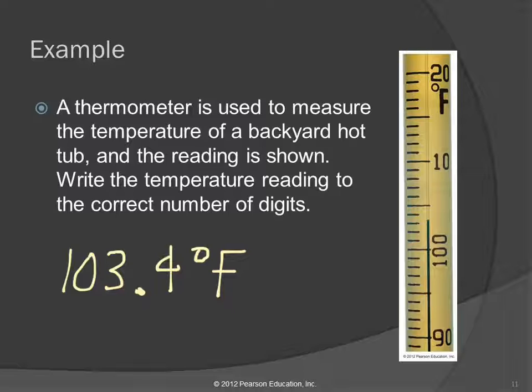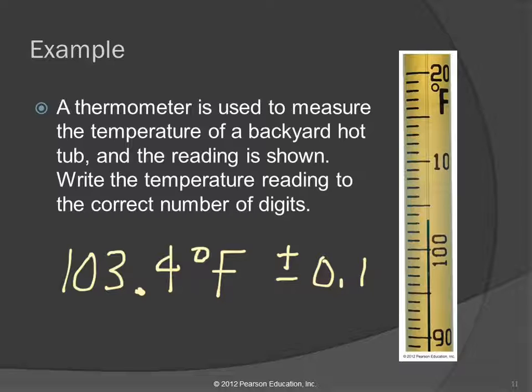But if we just call that 103, we're throwing away information, because we know that it's actually over 103. So any measurement that's written correctly will have uncertainty in the last digit. If I see this, I see, oh well, they were estimating this 0.4, so probably what they mean is that this is their answer to within 0.1.